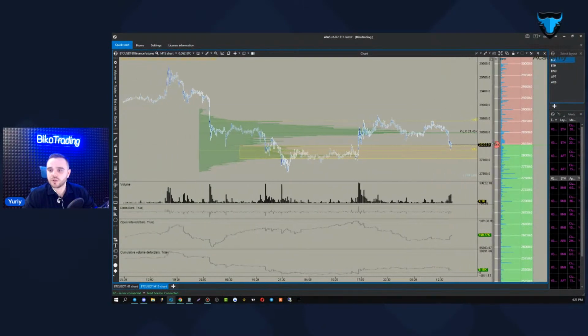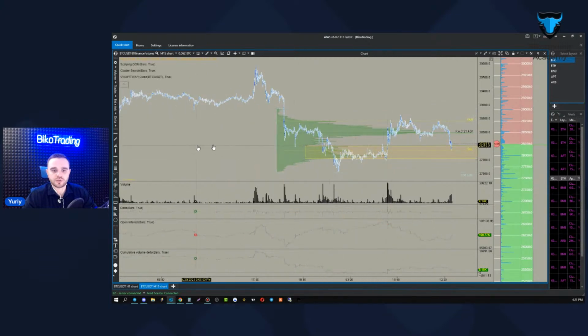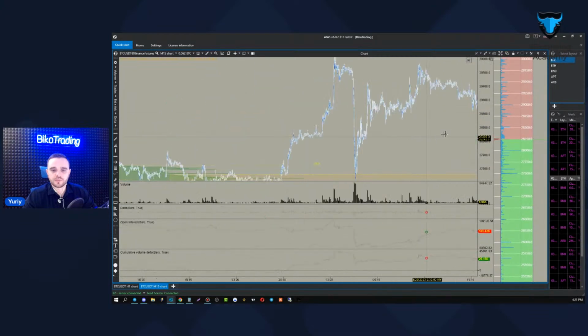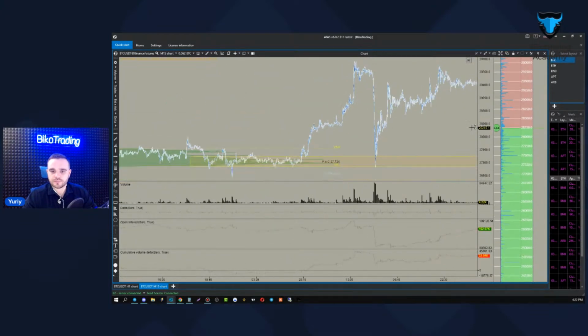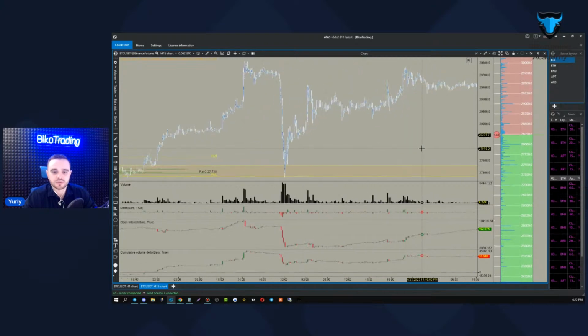Let me make it better and closer together. Have a look, friends, at another example. How open interest dropped so much. Price started dropping, and again, a massive drop in open interest and a massive drop in cumulative delta.